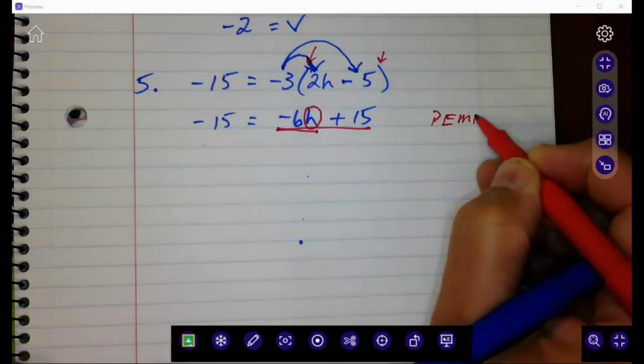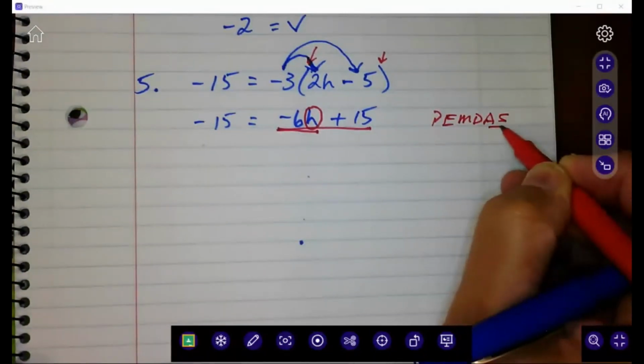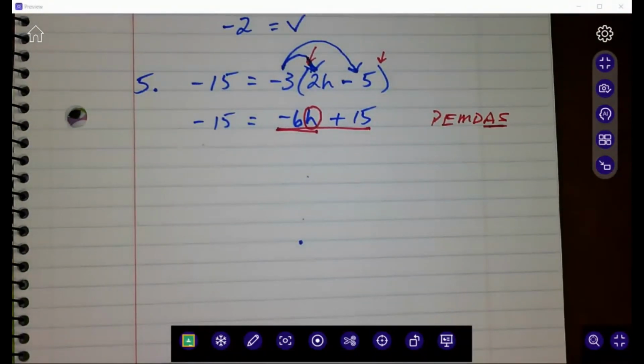Please excuse my dear Aunt Sally. We undo addition or subtraction first. So what do I need to do to both sides?